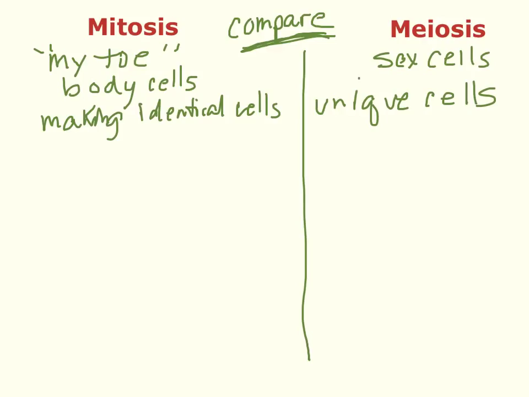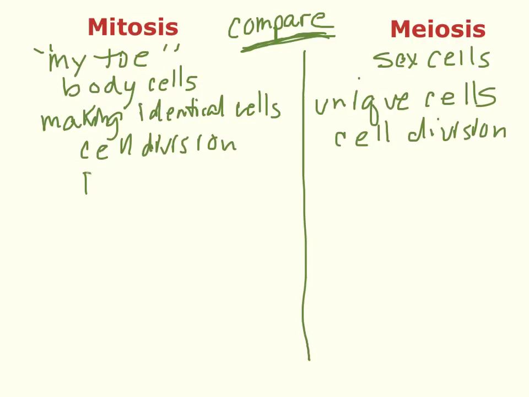They are both division. So this is cell division. This is cell division. This goes through PMAT one time. This goes through PMAT two times.